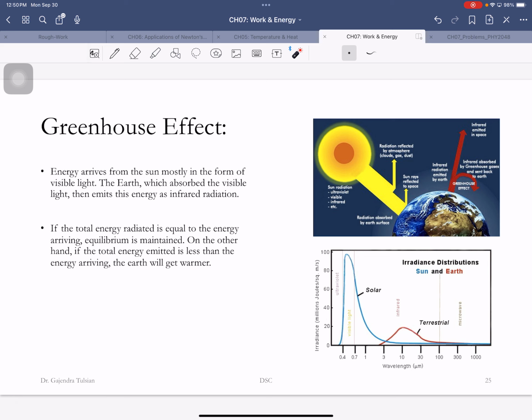All right, now let's talk about what is the problem with CO2. That's one of the greenhouse gases. So here's the deal. If you were around about 300 years ago, the surface average temperature of this rock was about 14 degrees Celsius.